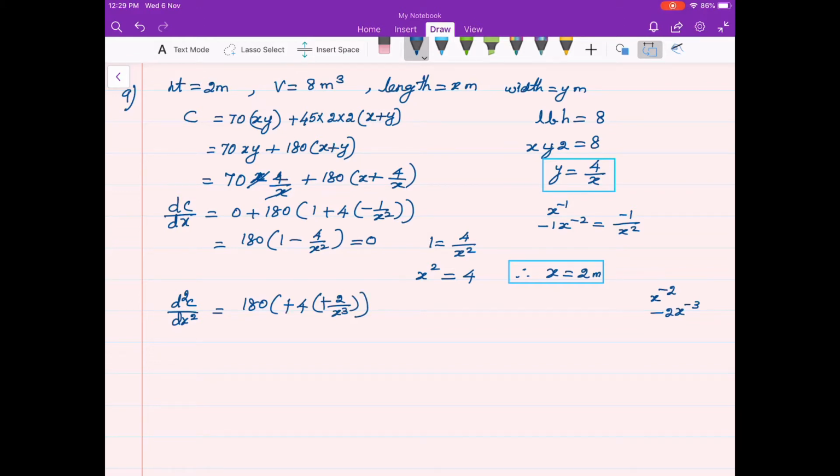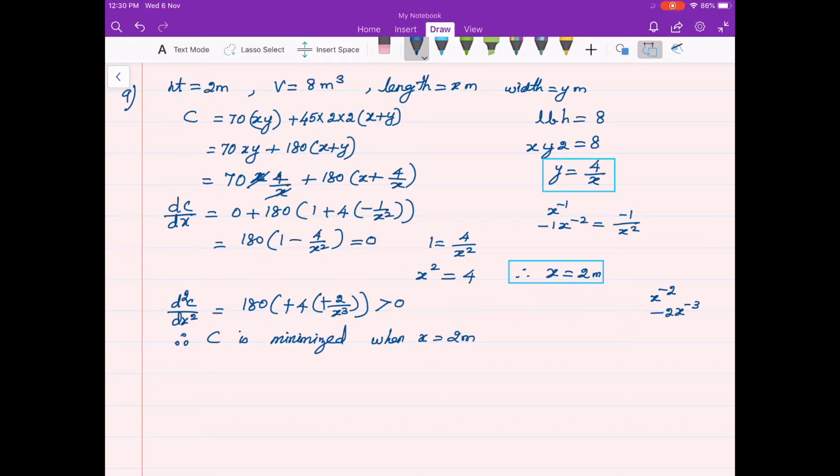Minus and minus will become plus, all are positive quantities. So, second derivative is positive. Therefore, the cost is minimized when x is 2 meters.